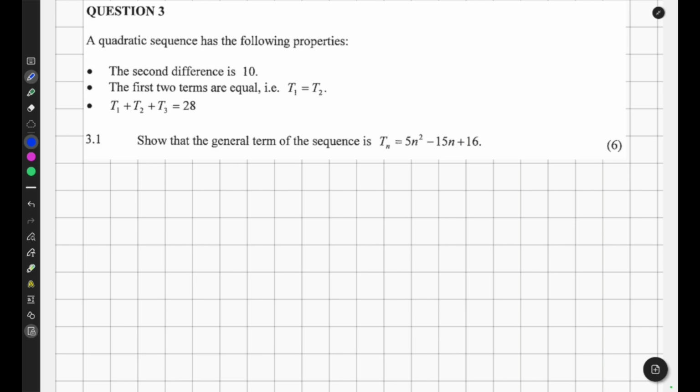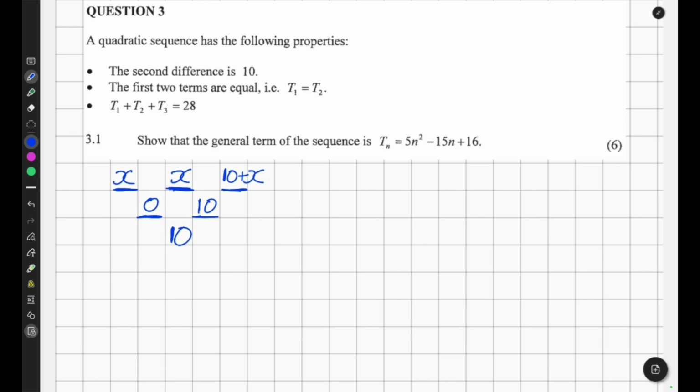So I'm just going to do a little setup here. I don't know what term 1, 2, and 3 would be. I also don't know what the difference between them would be, but I know this is going to be 10. Now, I'm going to put in x's because they tell me these are the same. So if the first two terms are the same, then this would be a 0, and then 0 plus 10 would be 10. And then this would be x plus 10.